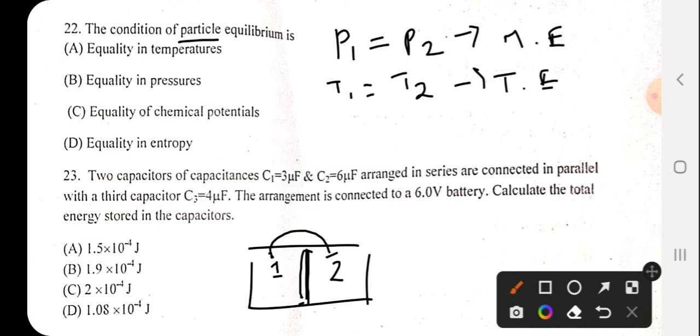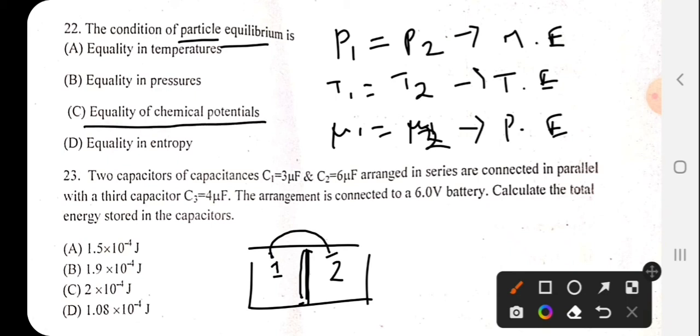Again if mu1 equals mu2, this is called the chemical potential. If the chemical potential is equal, then we call this a particle equilibrium. So according to this question, particle equilibrium means equality in the chemical potentials. So option number C will be the answer.